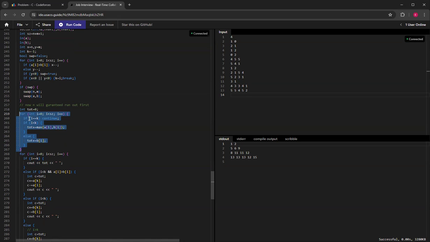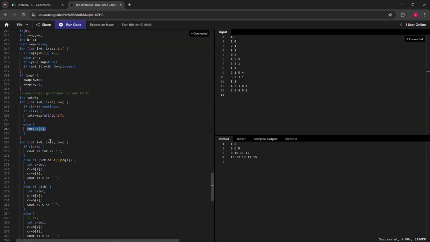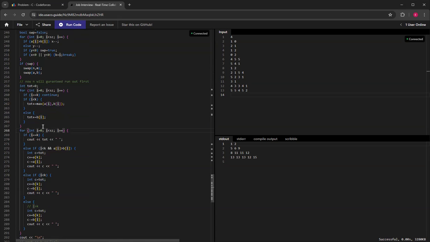So I add every one besides K, because those are all fixed. If it's before K, then it's the maximum, because anything before K gets their chosen one. Anything after K always gets the B of I, which is tester unless it's swapped, in which case it's programmer. For each one, if it's K, then I already have the answer. It's just the total.